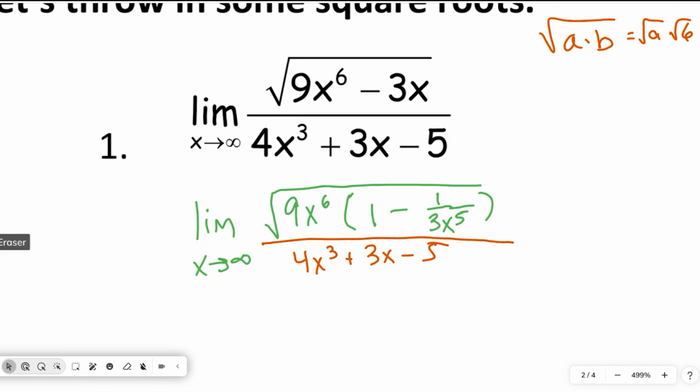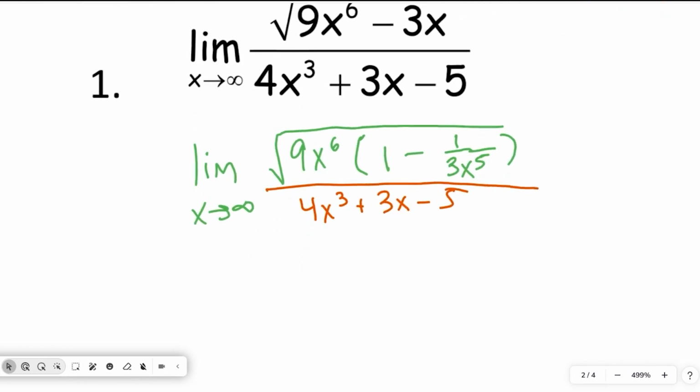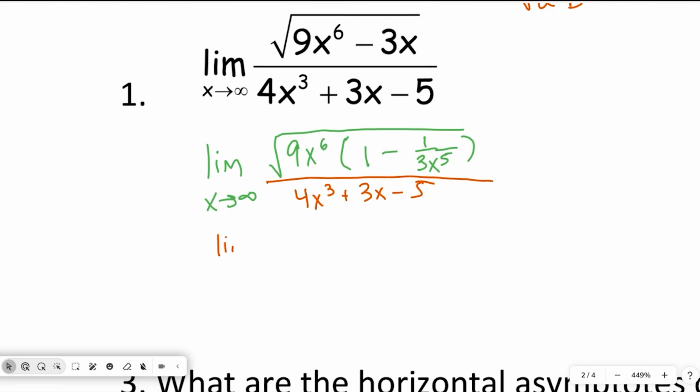That should be b. All right, so we can split up that numerator and rewrite this as the square root of 9x to the 6th times the square root of 1 minus 1 over 3x to the 5th.